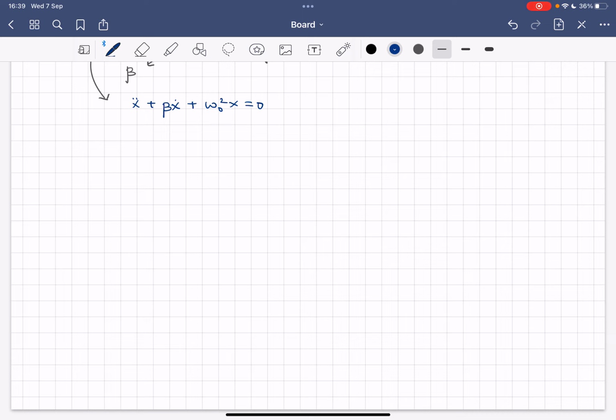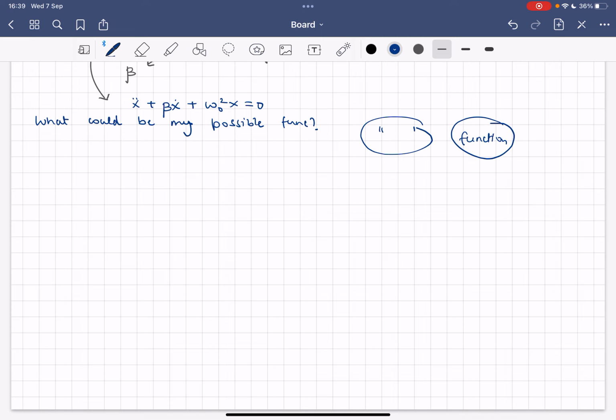The first thought that comes into my head is: what could be the possible function which will satisfy this equation? The idea is that the second derivative and the first derivative have to be proportional to the function itself.